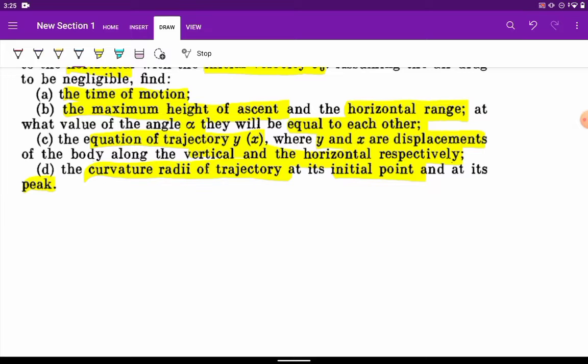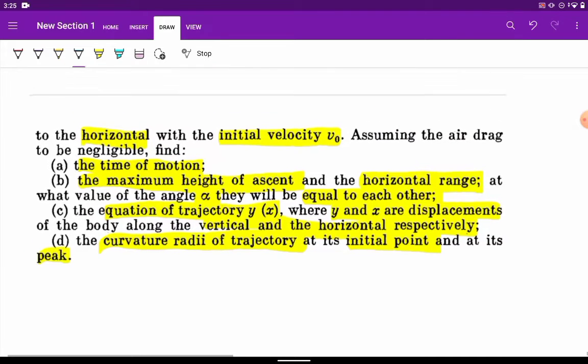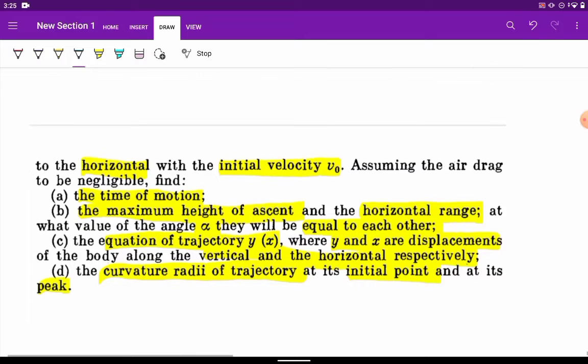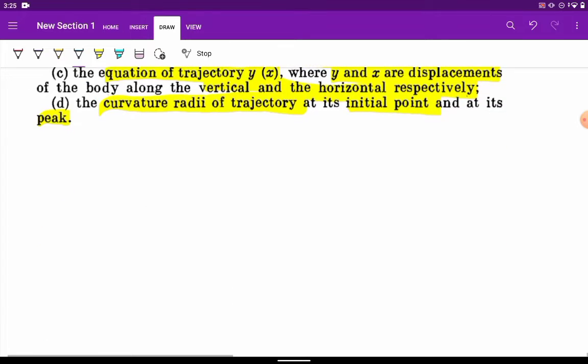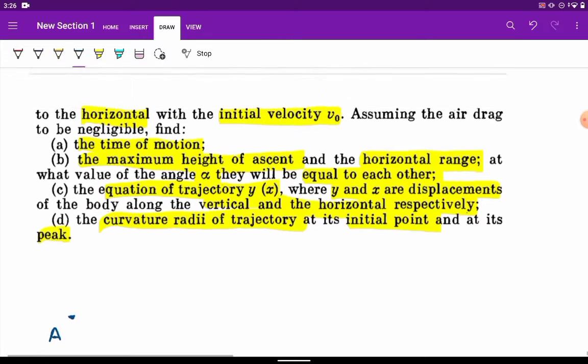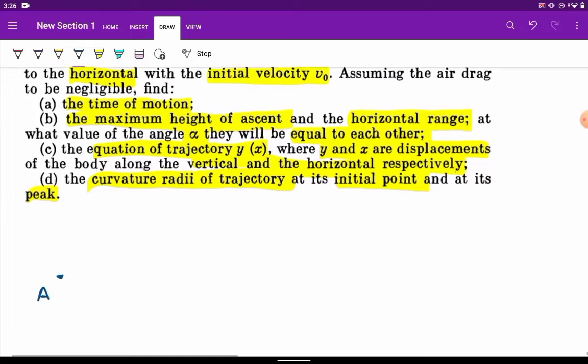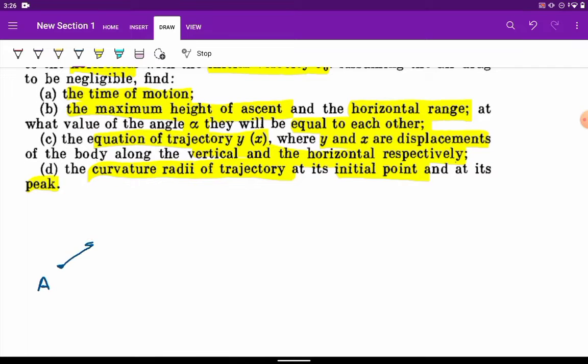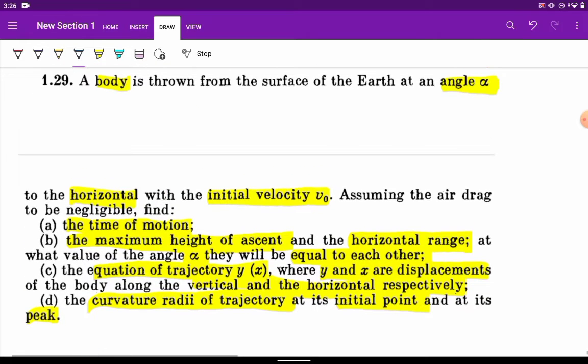So if we go for the first part, first of all the setup is, let's say this is the initial throwing point, A. Let's say the particle is thrown at A at an angle alpha to the horizontal.